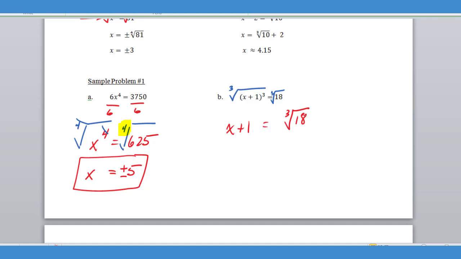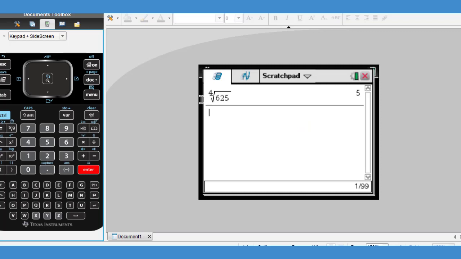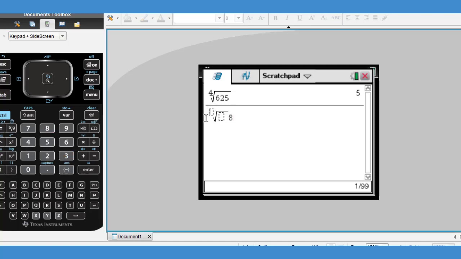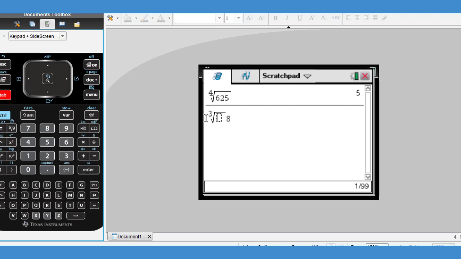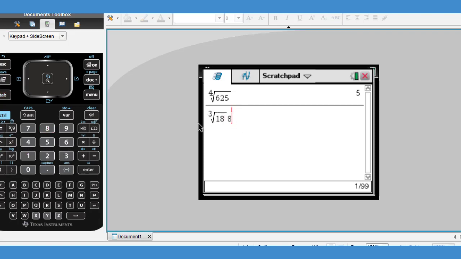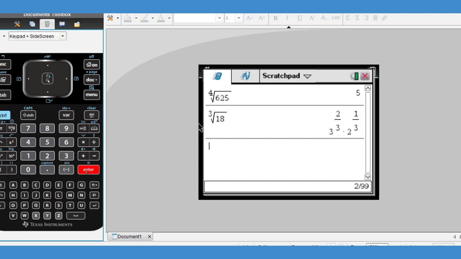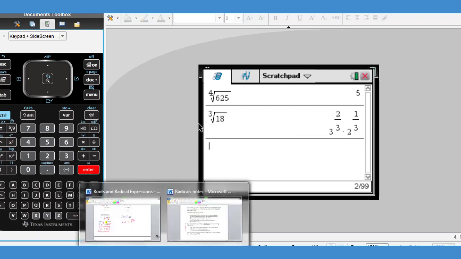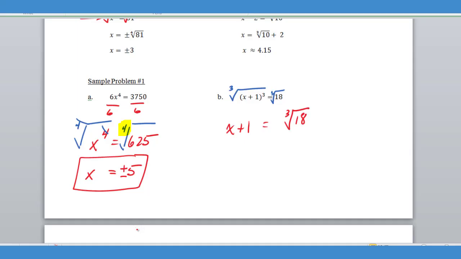Now, if you don't know your cubed roots, you could check this on your calculator, and the cubed root of 18 gives us some crazy fraction. In this case, my calculator is giving it to me as a rational exponent. So it's not an even, clean number, so we're just going to leave it as the cubed root of 18, since there's no perfect third power in there.